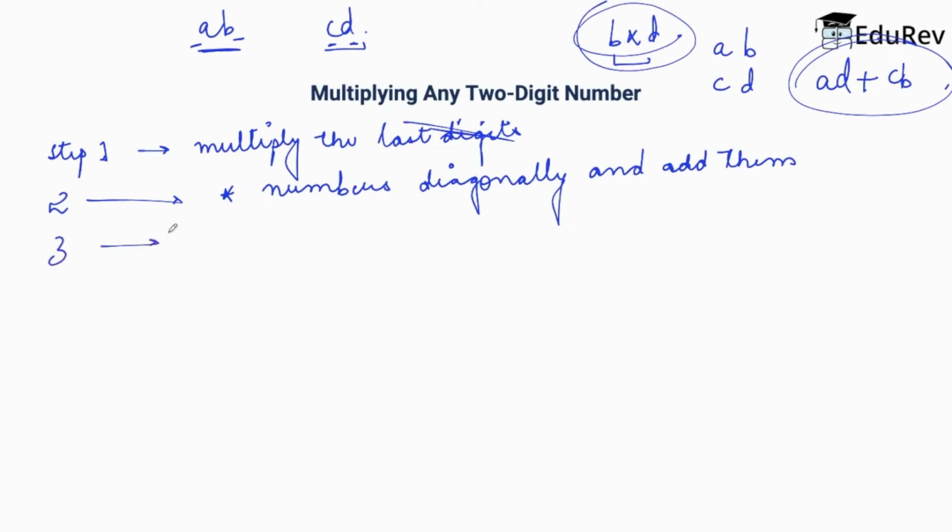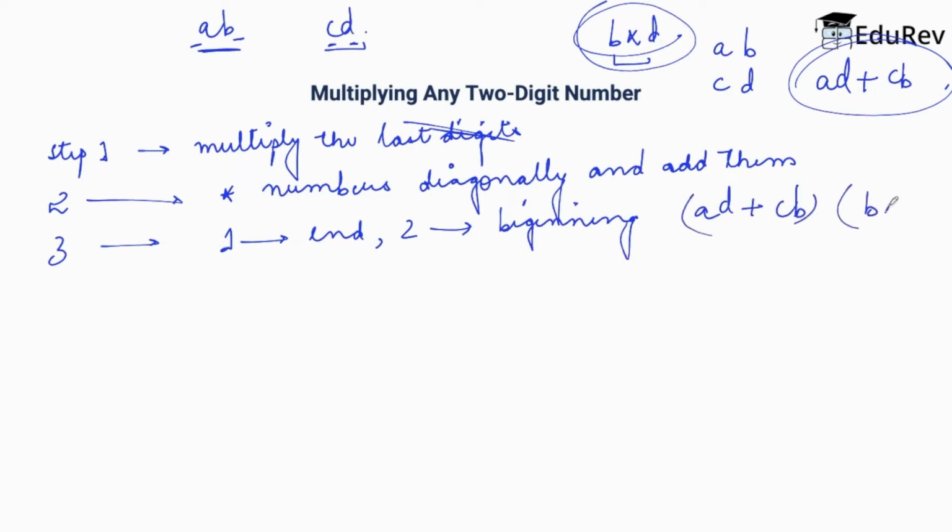Now the third step says that we need to place step 1 at the end and step 2 at the beginning. That is, it will be AD plus CB and then it will be BD.